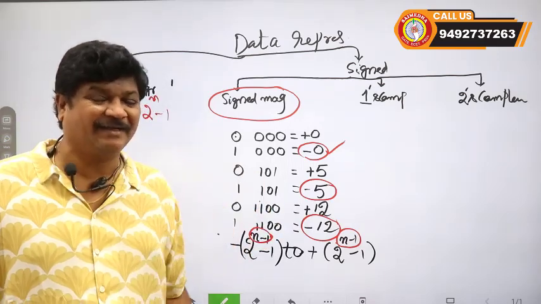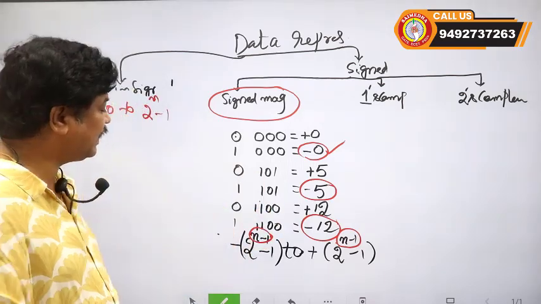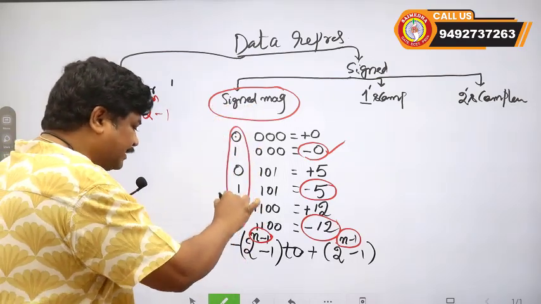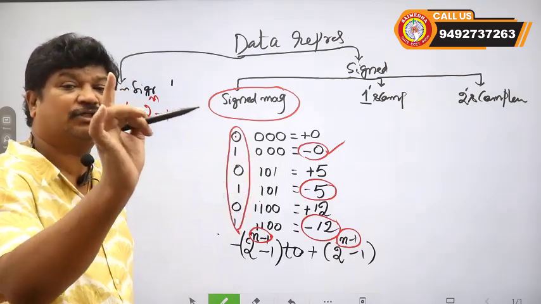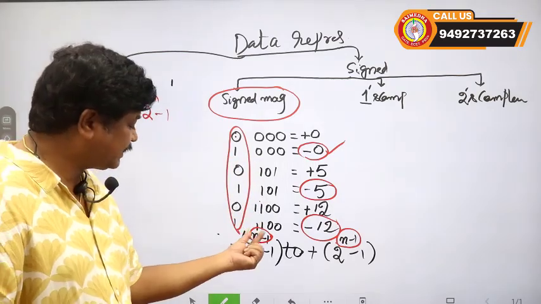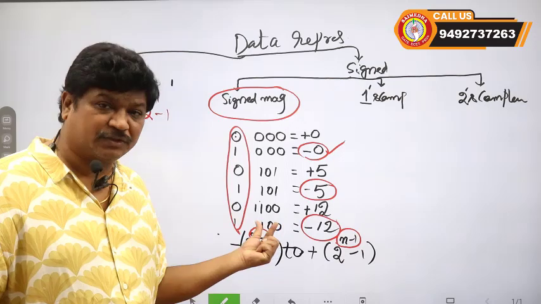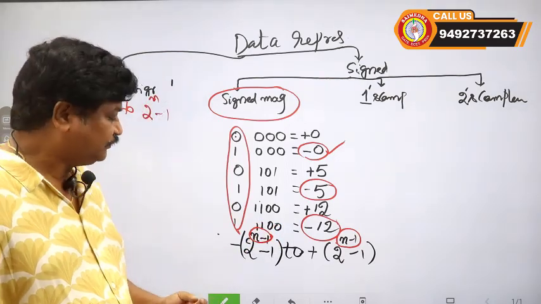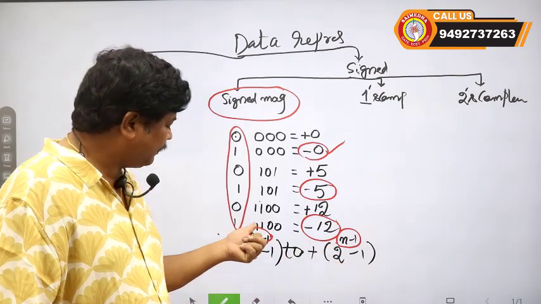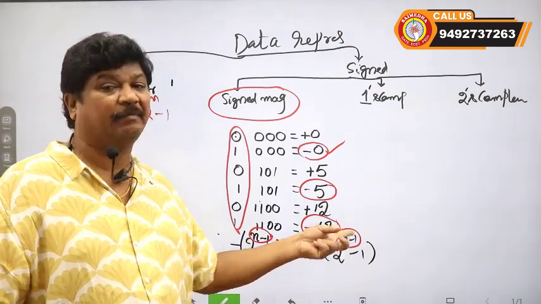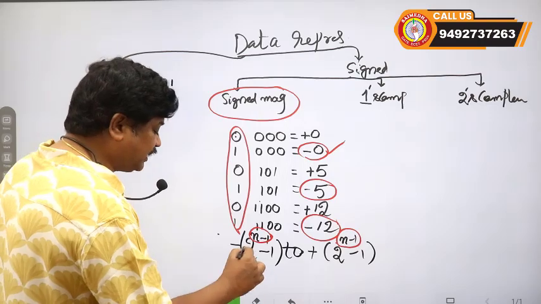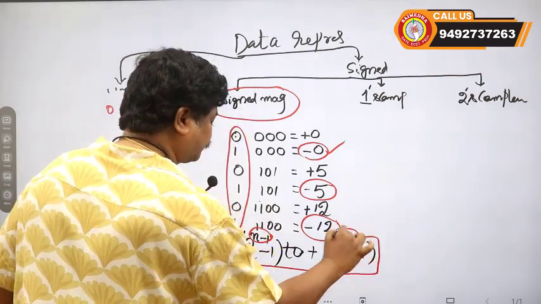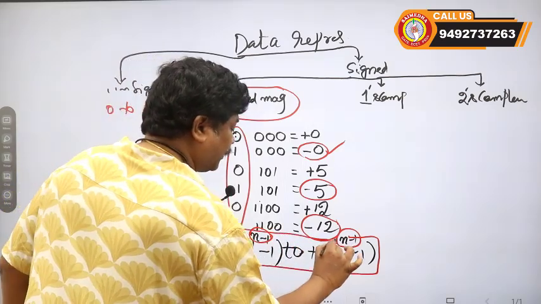Why did I write this? Because one bit is used as a sign bit, which does not belong to the magnitude, so the magnitude is reduced. Similarly, for positive numbers also it is n minus 1. This is the range, a very important formula.